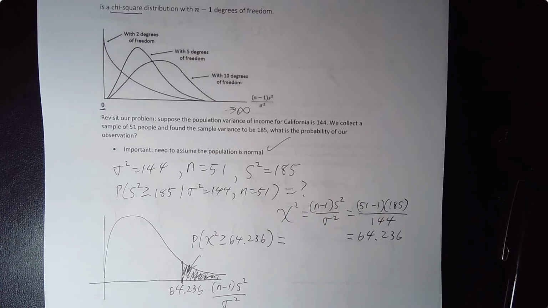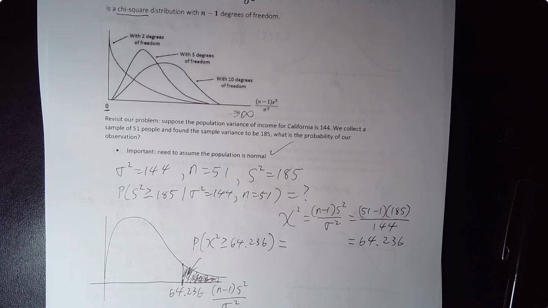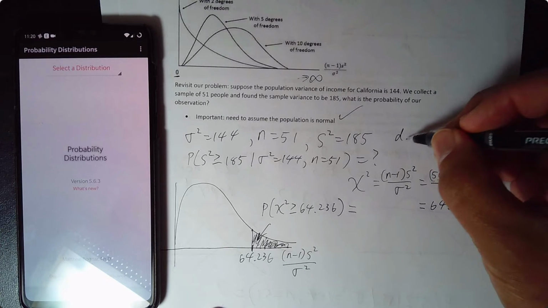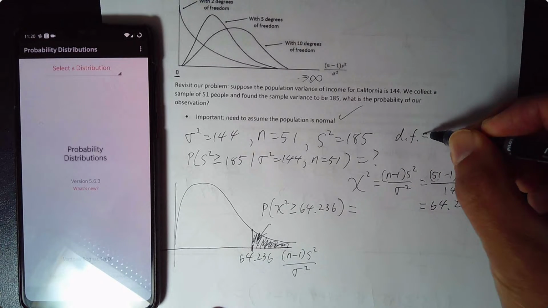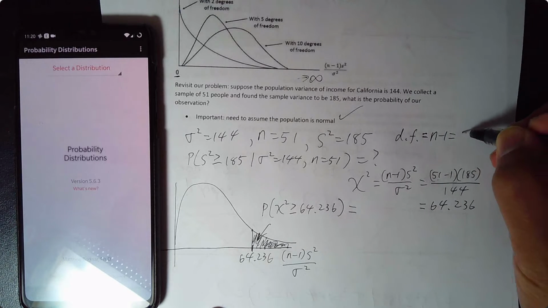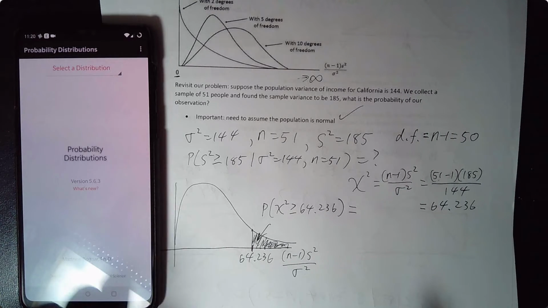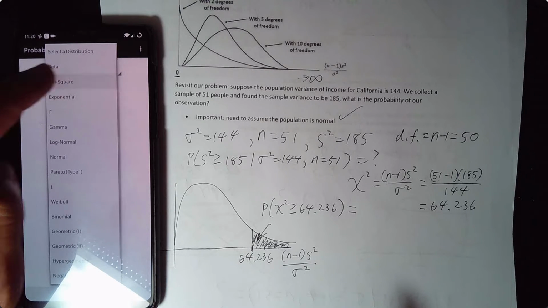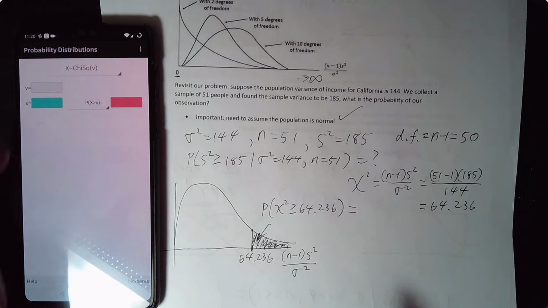Okay, so now we'll go to the app. First thing though, we need the degrees of freedom. As I said on the first page, the degrees of freedom is n minus 1, which equals 50. On your app, you go to the chi-square distribution right there, and then you put in the degrees of freedom, 50.